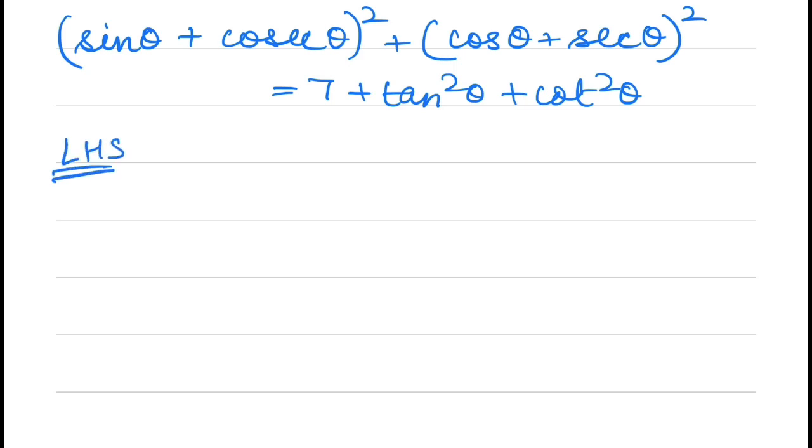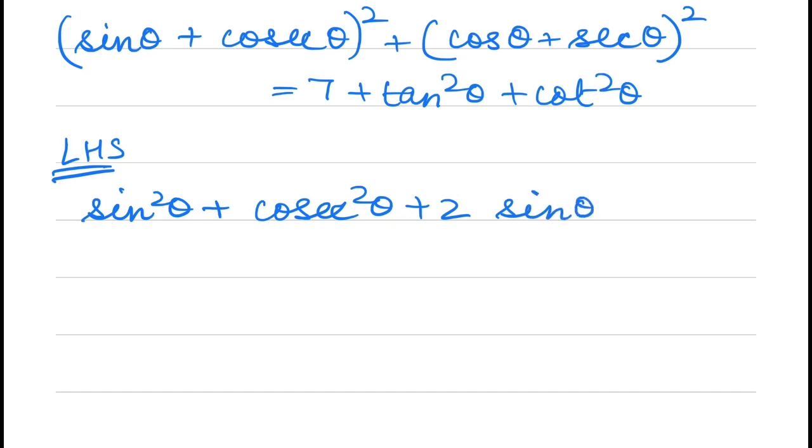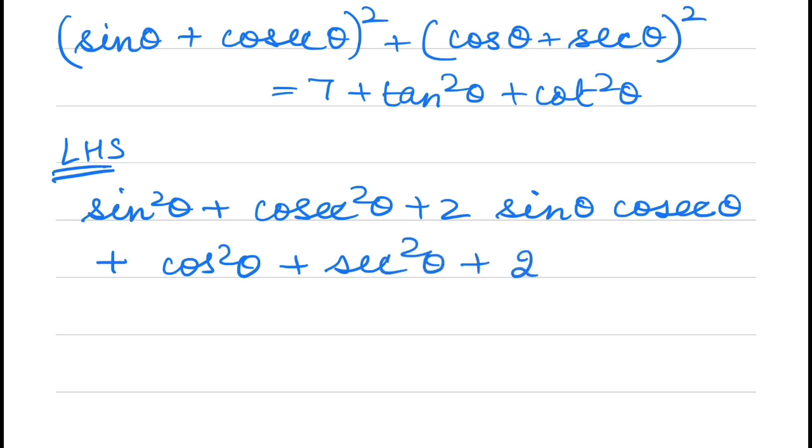So here I can open the bracket using the (a plus b) whole square identity. So we have sin square theta plus cosec square theta plus twice sin theta cosec theta, plus cos square theta plus sec square theta plus twice cos theta sec theta. Now this sin square theta and cos square theta will become 1.